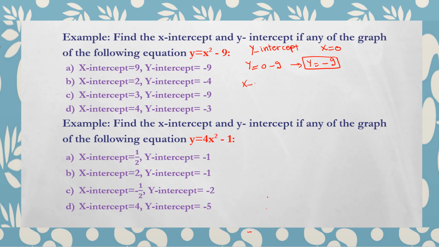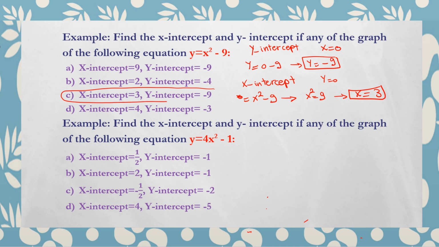For the x-intercept, we set y equals 0 and solve the equation for x. So 0 equals x squared minus 9, then x squared equals 9. By taking the square root of both sides, x would equal 3. So the x-intercept equals 3 and the y-intercept equals minus 9, and the correct answer is C.